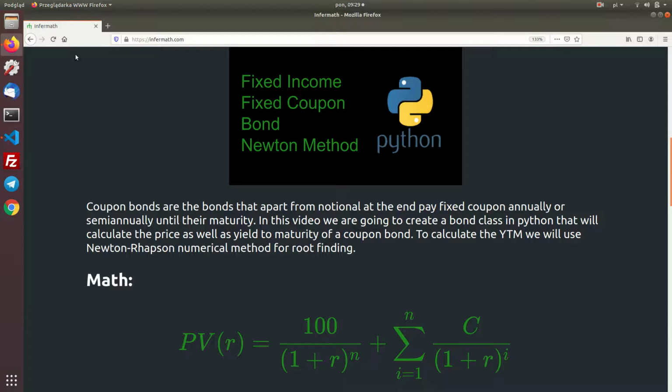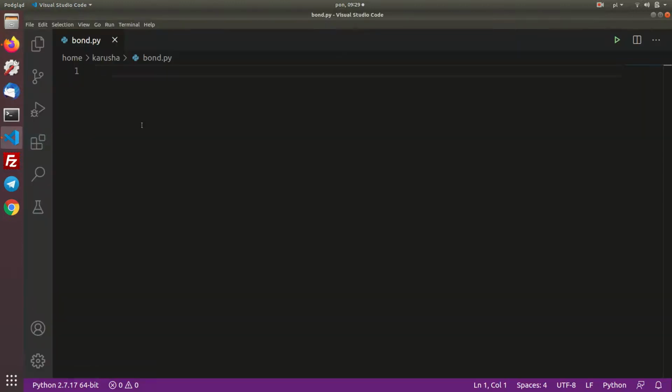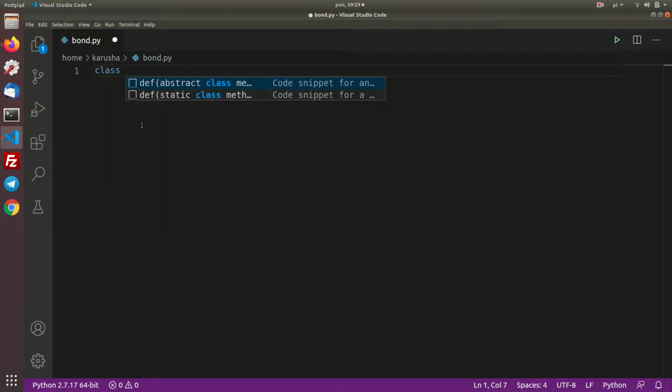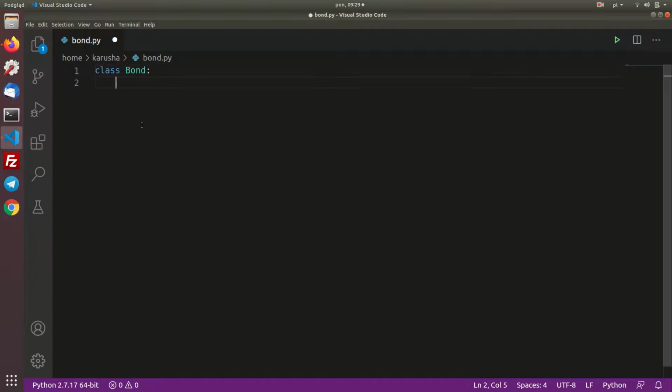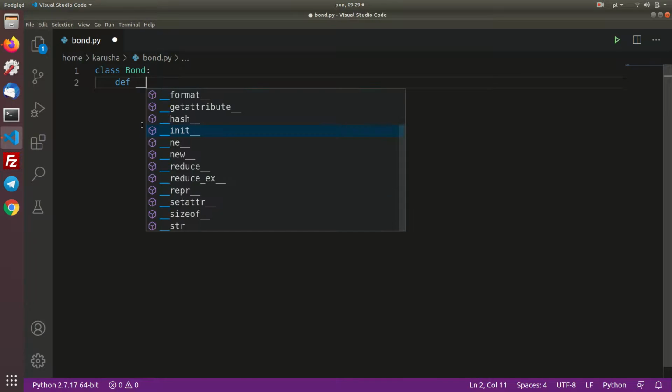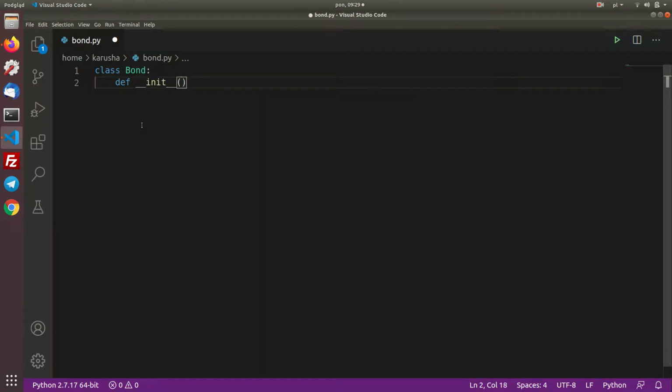Okay, let's get started. So let us define a class in Python called bond. And in this class we're going to define a constructor first of all, def init. It will, apart from self keyword, take two attributes. First of all, maturity, and secondly, the coupon.